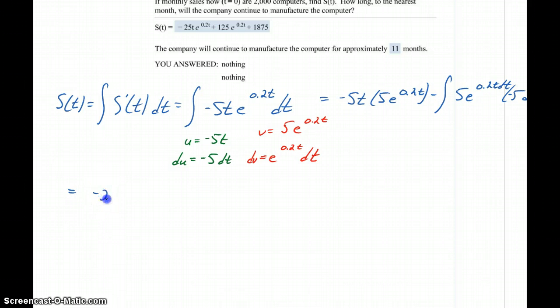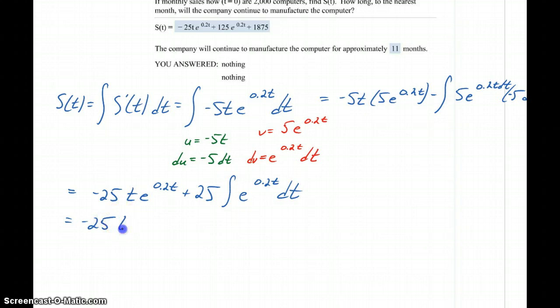So we can rewrite this as negative 25t times e to the 0.2t plus 25 times the integral of e to the 0.2t dt.